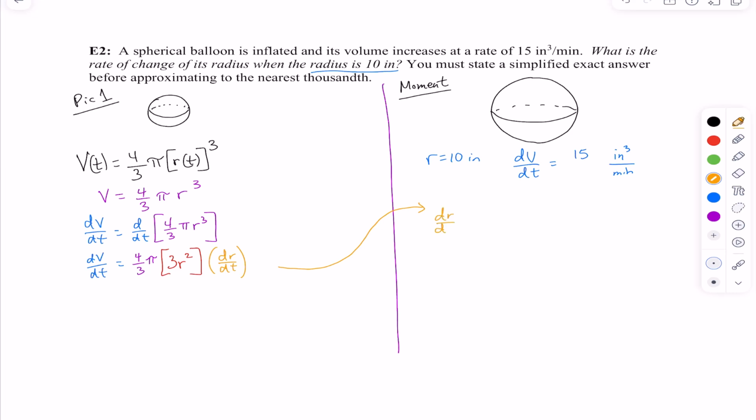So dr dt is now equal to dV dt in the numerator, and we're left with that in the denominator, as long as r, of course, is not 0, and we know it's not 0. We know r is specifically 10 here.